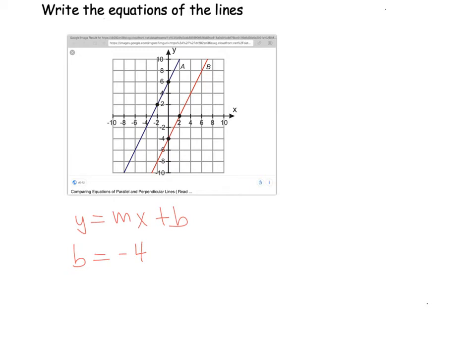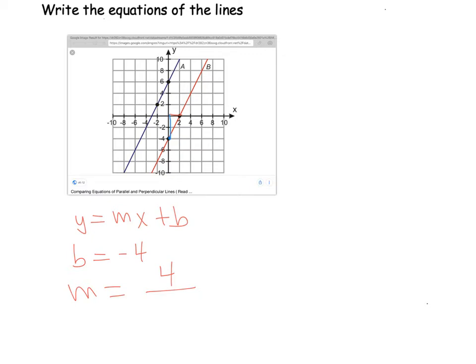To find the slope, let's start at that y-intercept of negative 4, that point, and figure out how many we need to go up to get to the next point. Well, we need to go up 4. We're going from negative 4 to 0. So the change in y is up 4, positive 4, and then we go to the right 2.